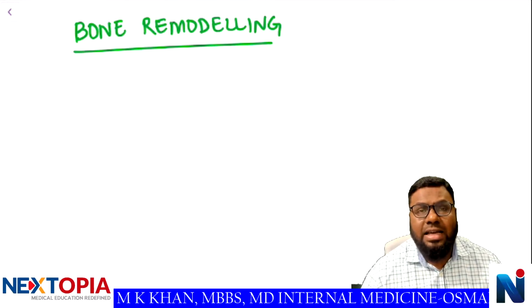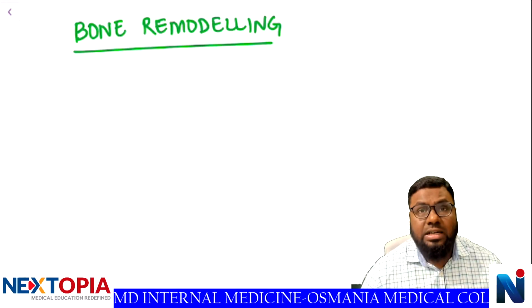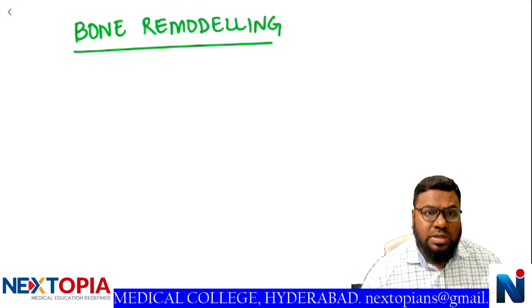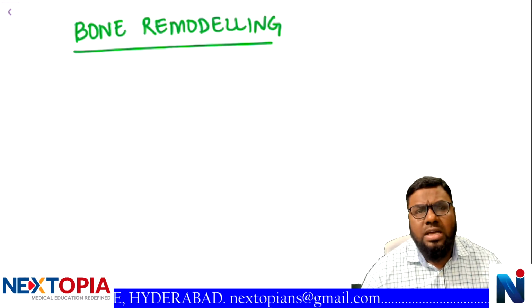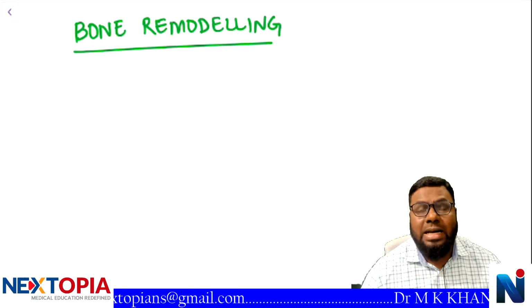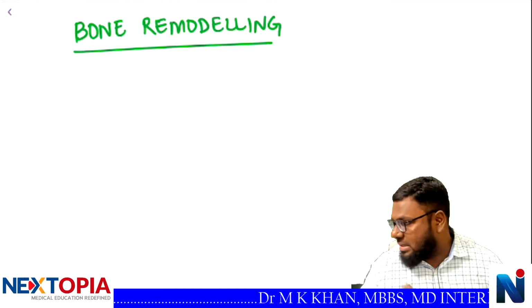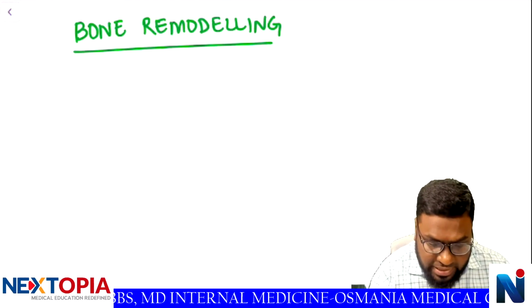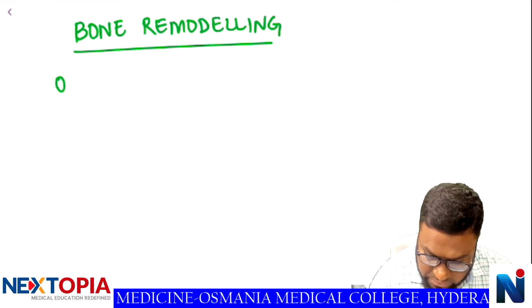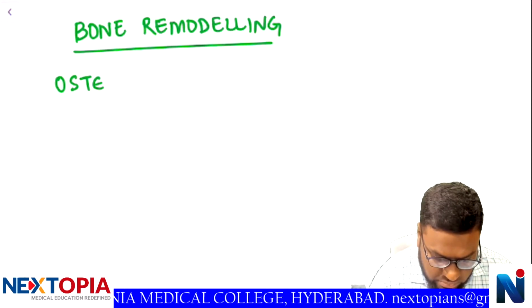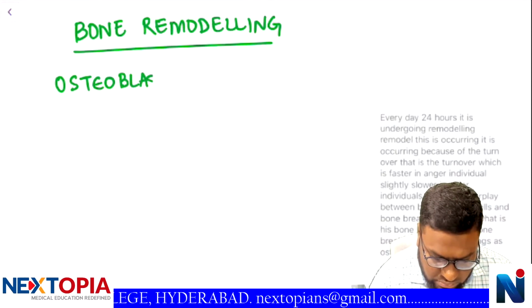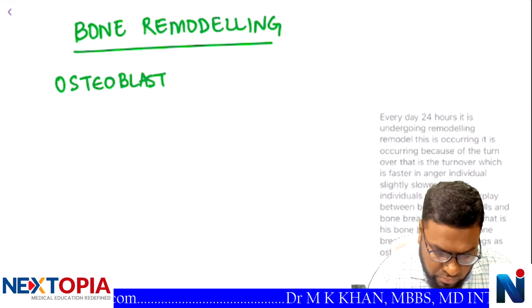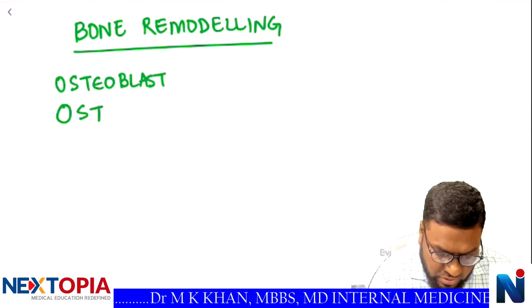How is this occurring? It is occurring because of the turnover, which is faster in younger individuals, slightly slower in older individuals. There is an interplay between bone building cells and bone breaking cells. So what is this bone building cell and bone breaking cell? Bone building cell, we are calling it osteoblast. Bone breaking cells, we call it osteoclast.